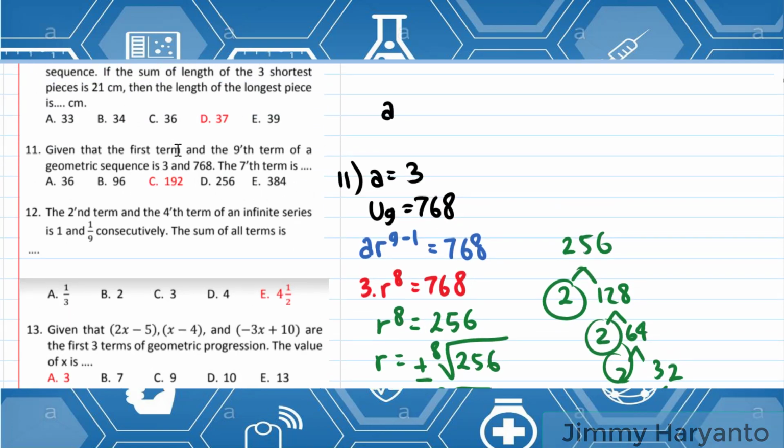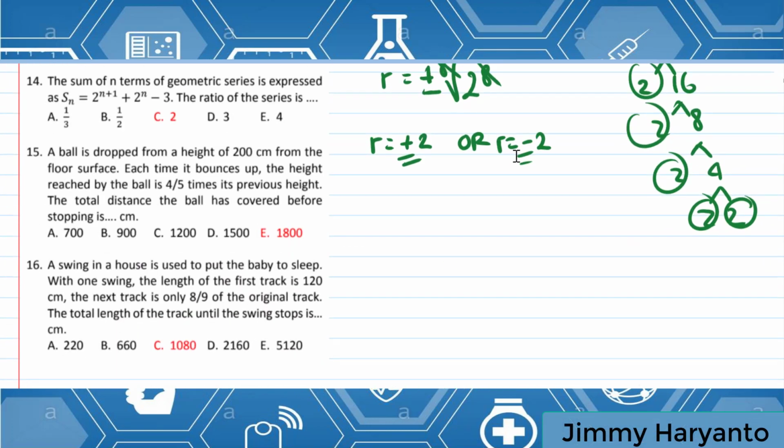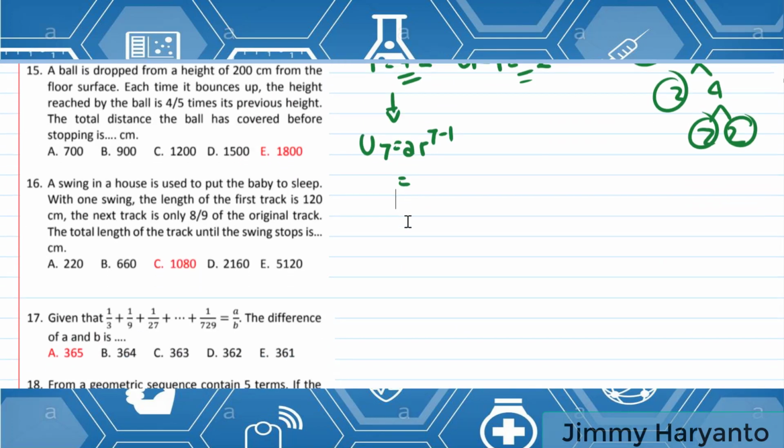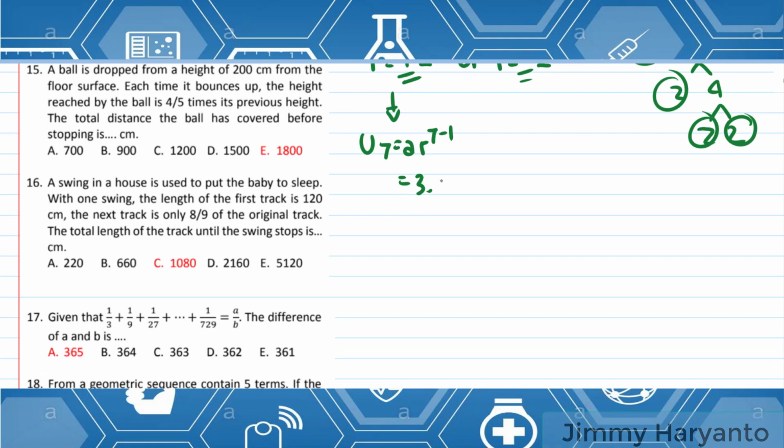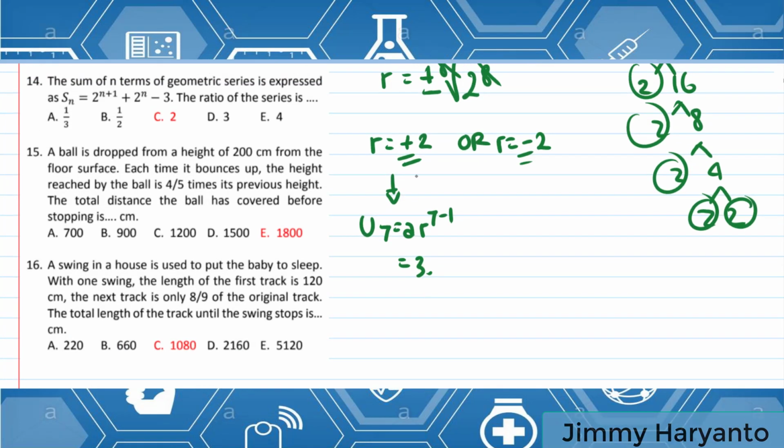Okay, so I have the ratio now. The question is to use U7. First let's use this one first. U7 equals ar to the power of 7 minus 1. The a is 3, so 3 times the ratio, the ratio is 2, to the power of 6. 3 times 64 equals 192.